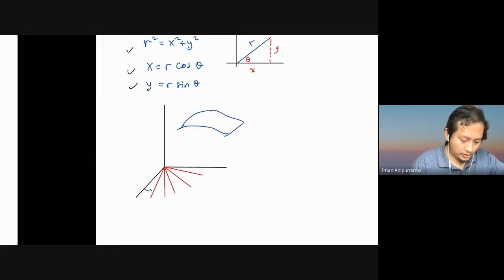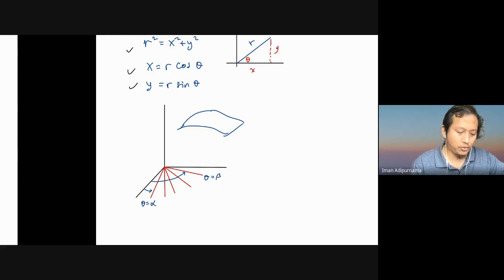Let's take the first theta as alpha, and the last theta as beta. So we will observe from alpha to beta. Let's say z is, let's make it into r theta.